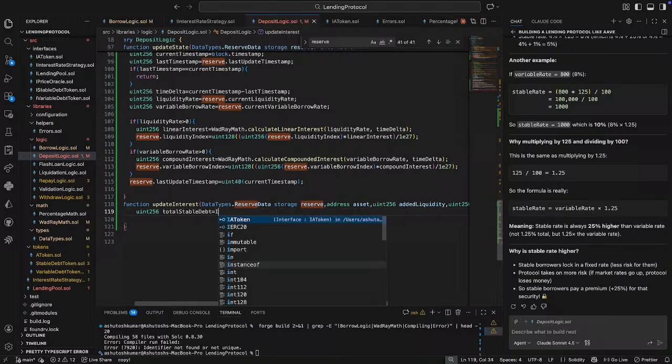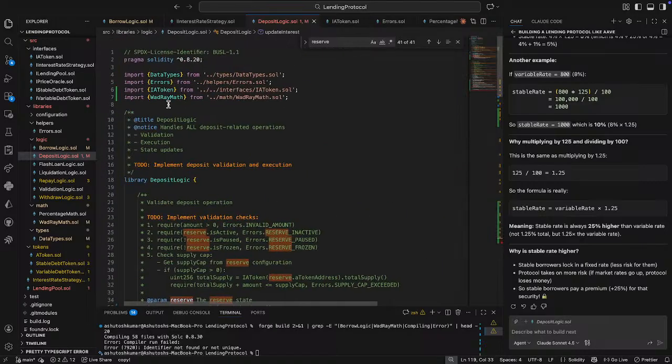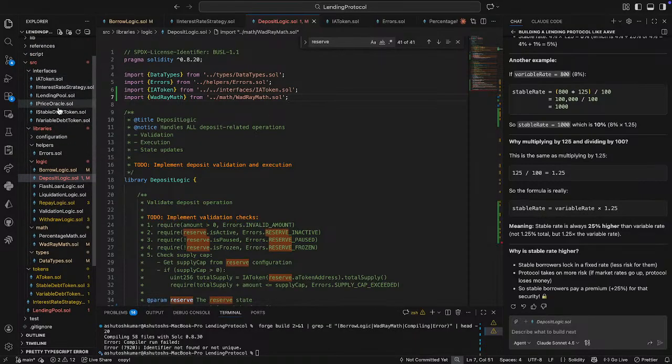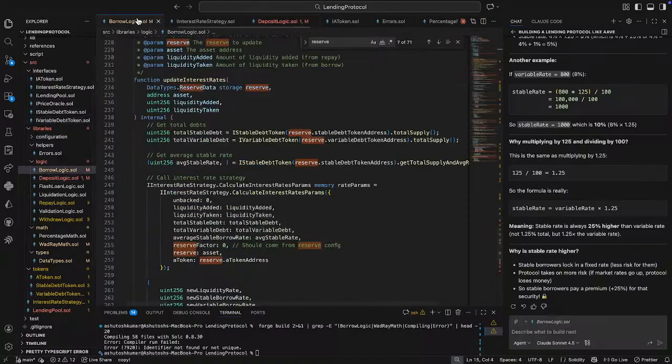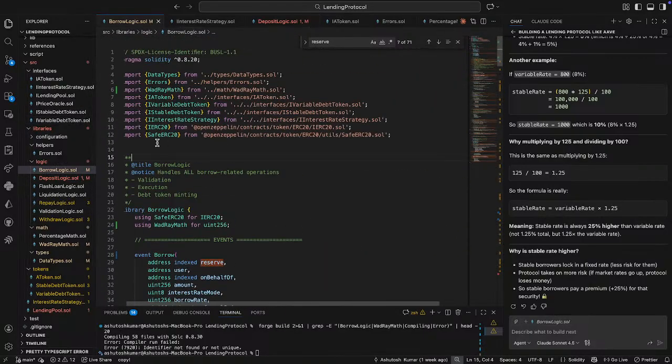So stable interface, have we imported? Nope. Do we have to? Yes. Do we have to? I don't think so. Yes, you have to.